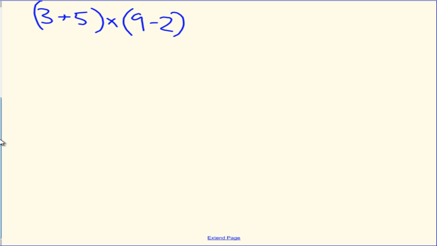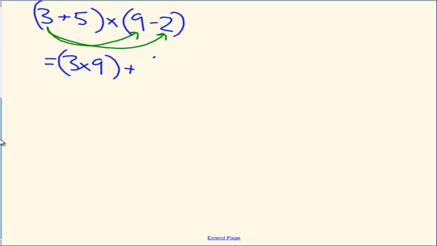According to our rainbows, our first number in the first bracket needs to be multiplied by the first number in the second bracket. So we're going to have a 3 times a 9. Then we need our number in the first bracket multiplied by the second number in the bracket. So that is going to be plus 3 times negative 2.